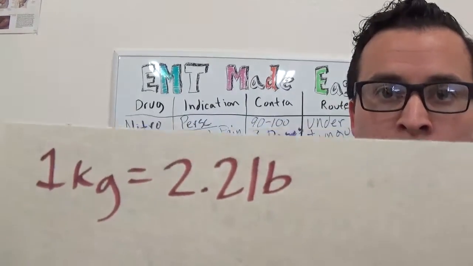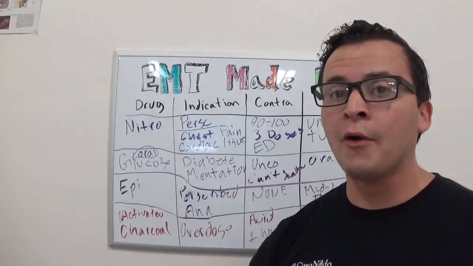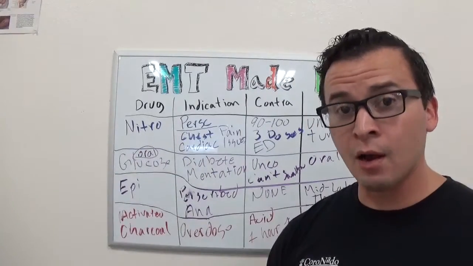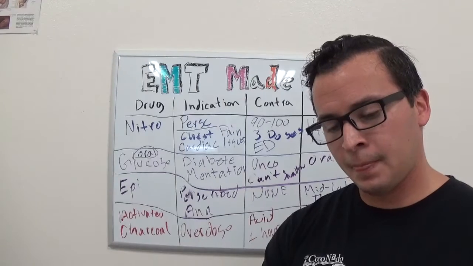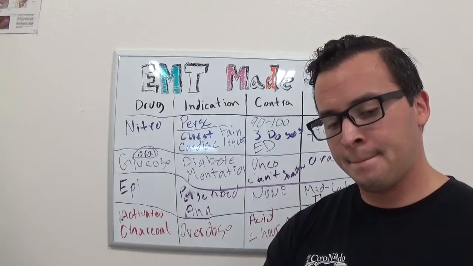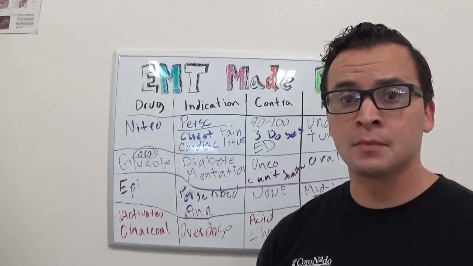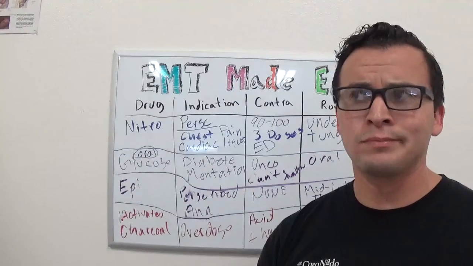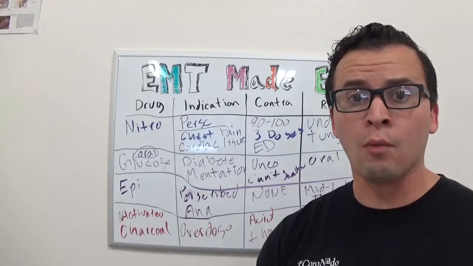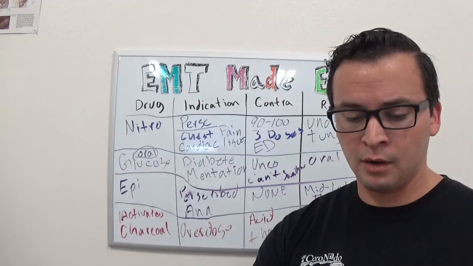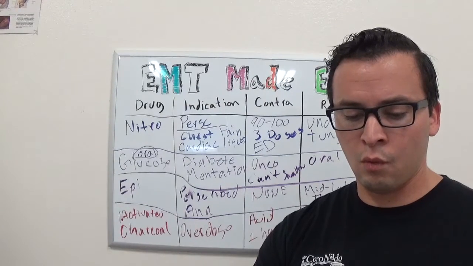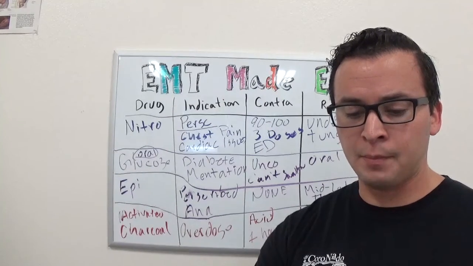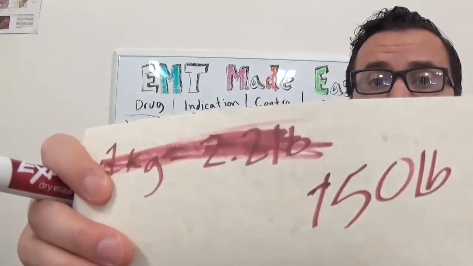So how are you going to calculate this? The way you calculate this is that you get their weight. So let's say, I'm horrible at math, so I'm going to say they're 150. That's how much your patient weighs. They weigh 150, all right?